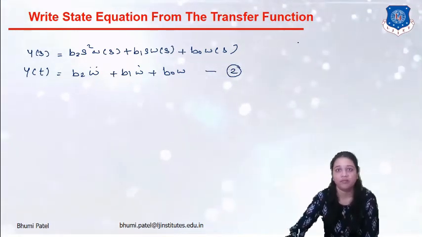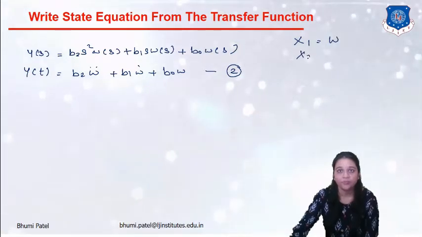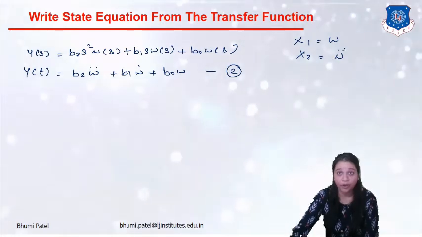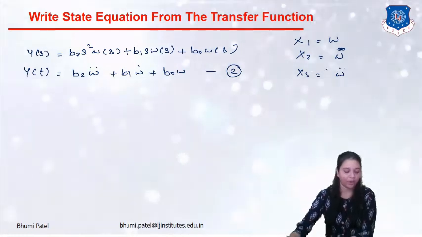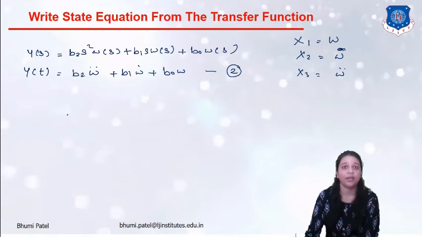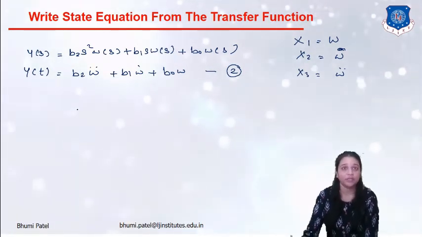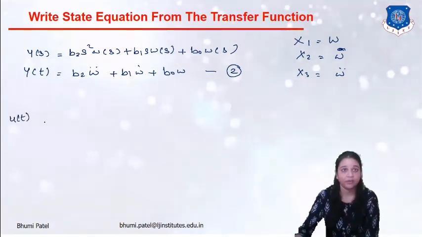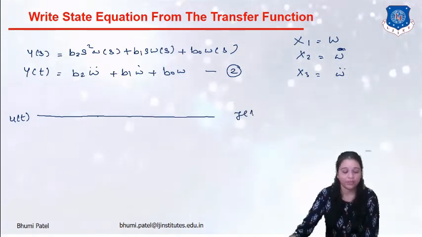So for that, we can define the state variables. Suppose x1 is equal to w, x2 is equal to w dot, x3 is equal to w double dot, and we have to draw a signal flow graph, and then we have to define the state equation for this transfer function. So starting from the input u of t and ending with the output y of t.